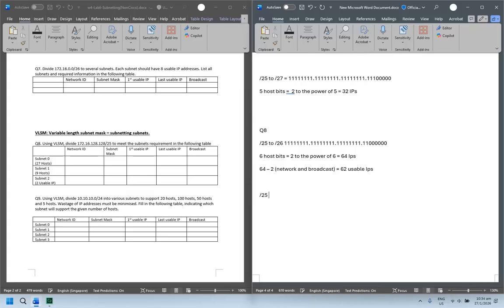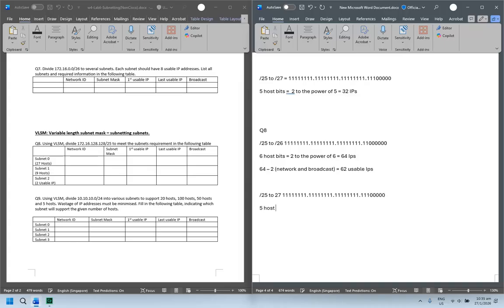So from /25, let's change to /27, which is 8, 8, 8, then 25, 26, 27, followed by 5 zeros.